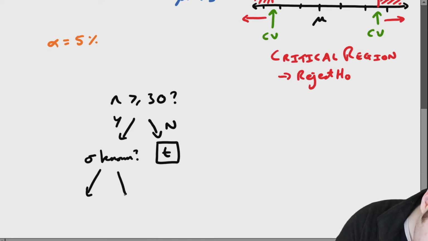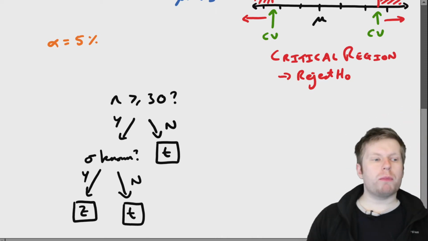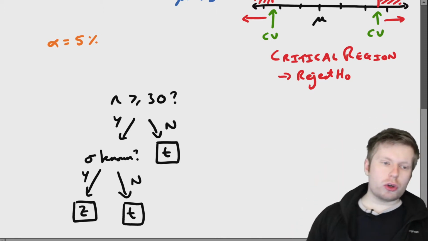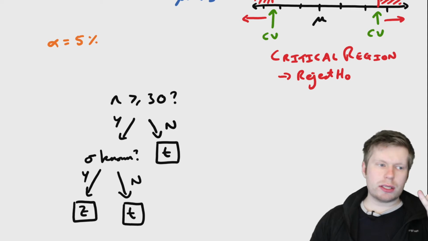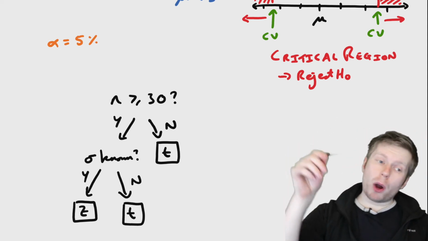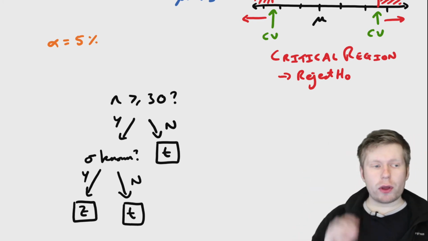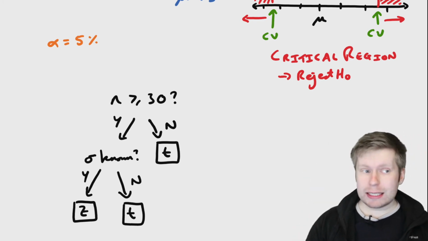Okay, again, if the answer to that question is no, I have to use a t-test. Otherwise, if the answer to both those questions is yes, I can use a z-test. So in other words, I have two options here. If I ask these two questions, so n being greater than or equal to 30, and do I know my sigma, do I know my population standard deviation? If both of those questions are answered yes, I can use my z-test. If either of those questions are answered no, I have to use my t-test.